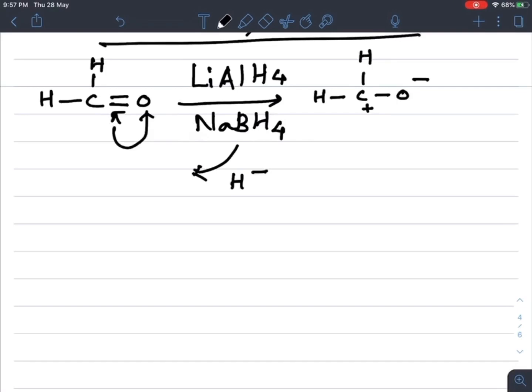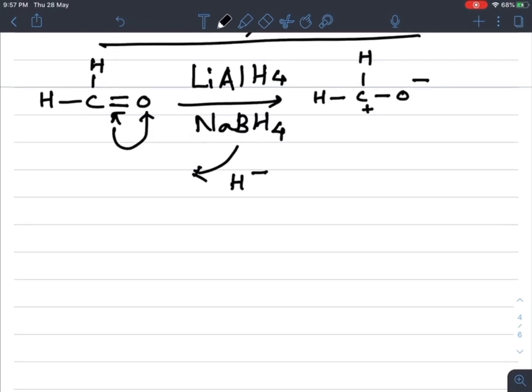So this intermediate ion is formed, and the carbon further takes hydride supplied by LiAlH4, forming a bond with this carbon using its 2 electrons, here O minus.